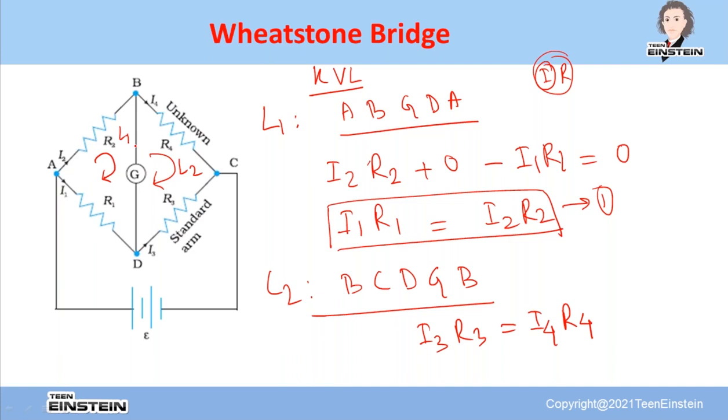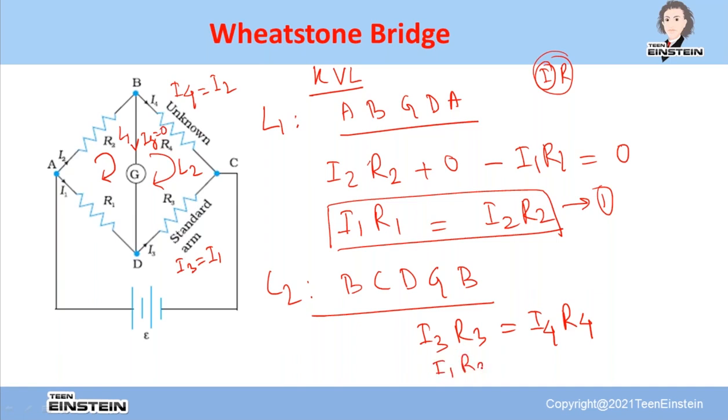Now look at the balance condition that I had taken, that Ig is 0. If Ig is 0, that there is no current to the galvanometer, then I4 is equal to I2 and I3 is equal to I1.